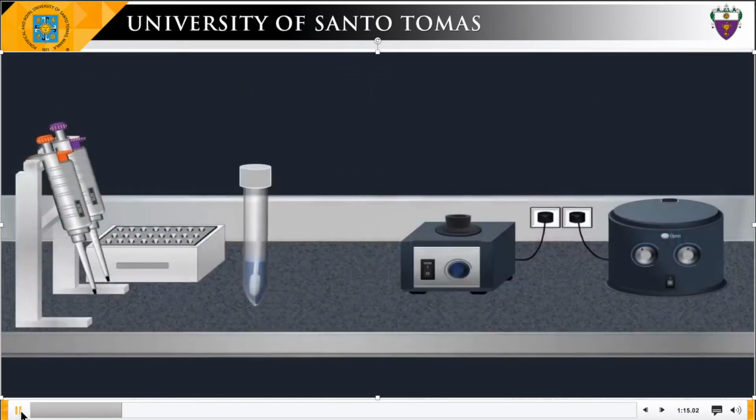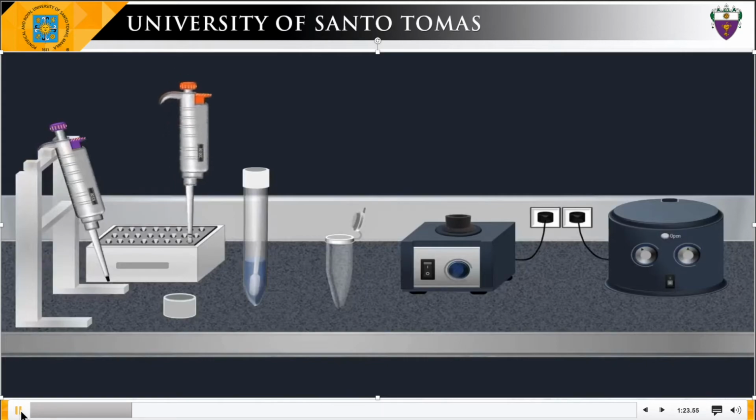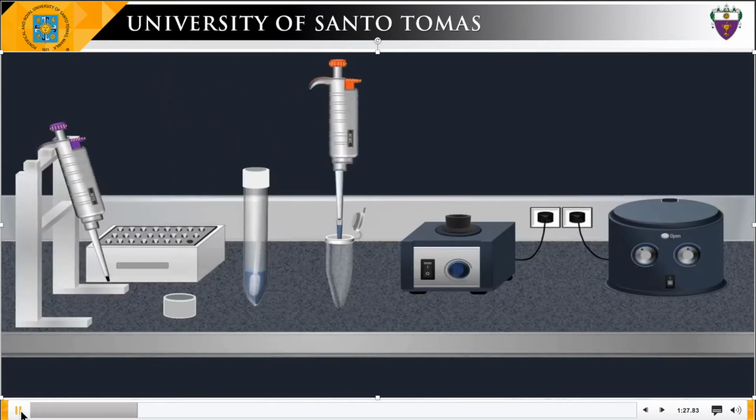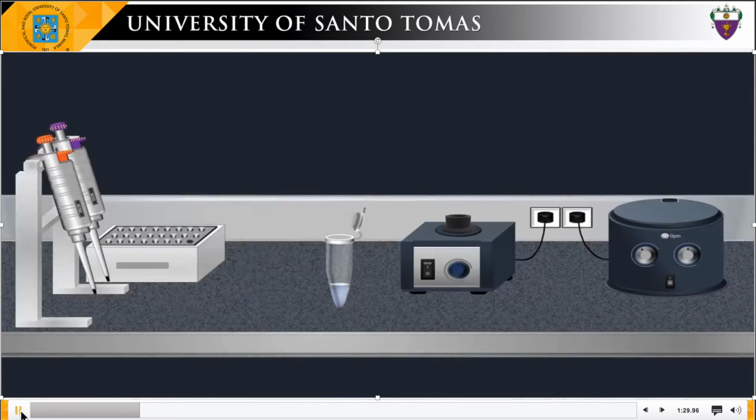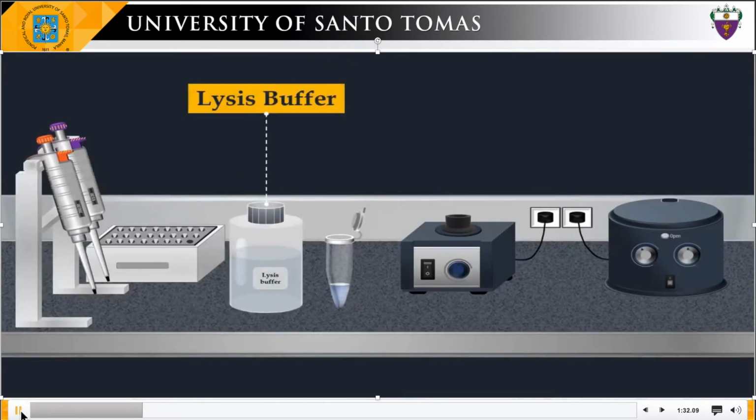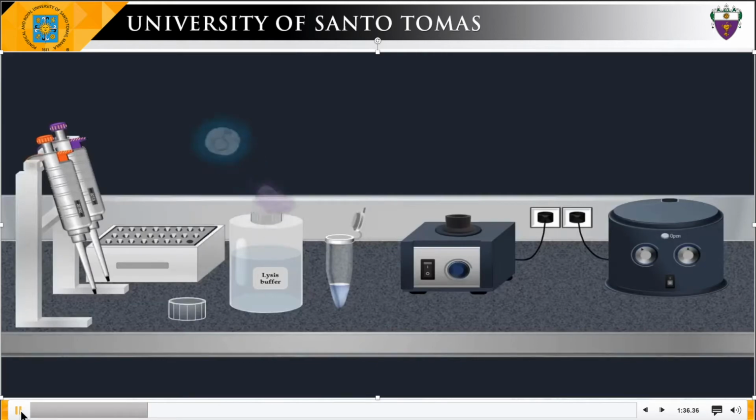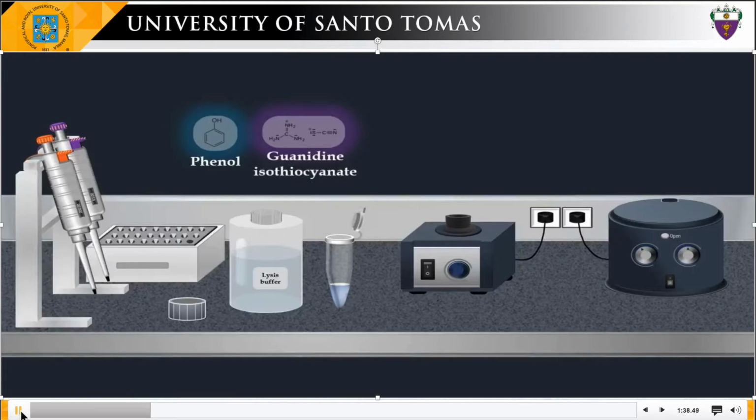To perform this method, basically viral RNA should be extracted. Several RNA purification kits are available for convenient, fast and effective isolation. To extract the viral RNA by using a commercial kit, the sample is first added into a microcentrifuge tube. Then it is mixed with a lysis buffer. This buffer is highly denaturing, and usually consists of phenol and guanidine isothiocyanate.